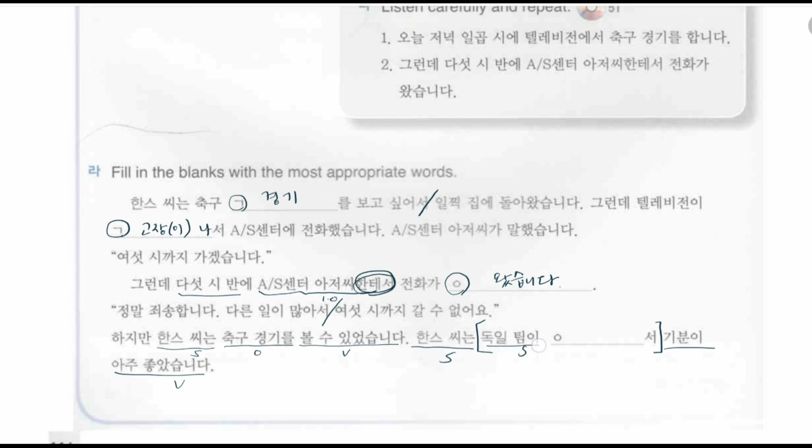Because the German team won, isn't it? 자, won 뭡니까? Win, to win, base form 이기다 있어요. 그리고 we have to end this, we have to use this connective ending here, isn't it? So, 이겨서, there's no space between these two. 이겨서 기분이 아주 좋았습니다. 자, very good.